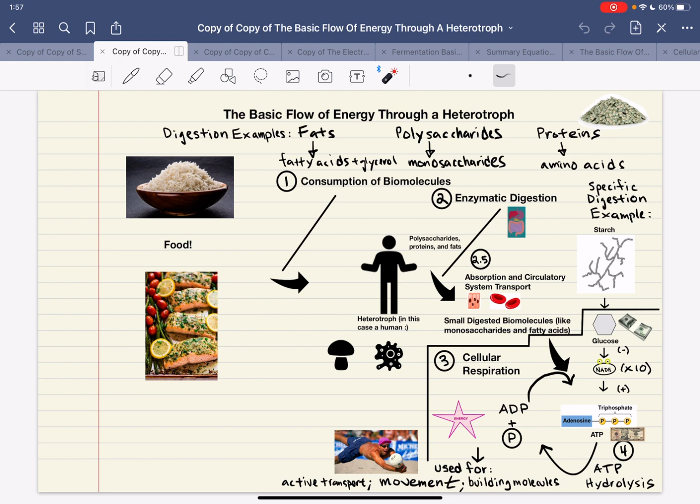We have to break down polysaccharides into monosaccharides. We have to break down proteins into amino acids. We have to break down fats into fatty acids and glycerol. This is not cellular respiration, but it is a necessary event that must precede cellular respiration.